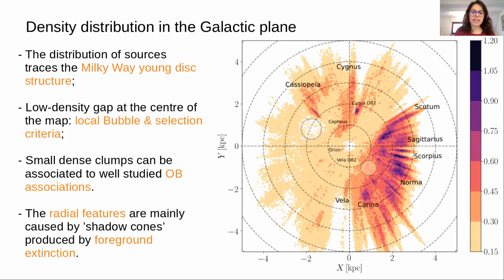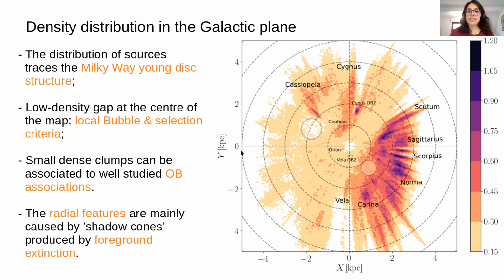Further, our selection is based on the combination of Gaia and 2MASS, and both Gaia and 2MASS are incomplete at the very bright end, and so we are probably missing sources that are bright because they are nearby.